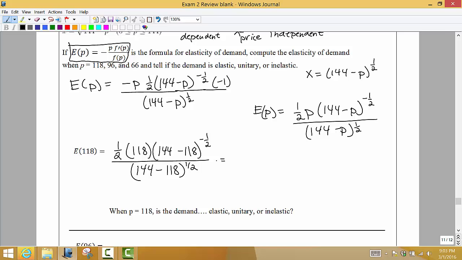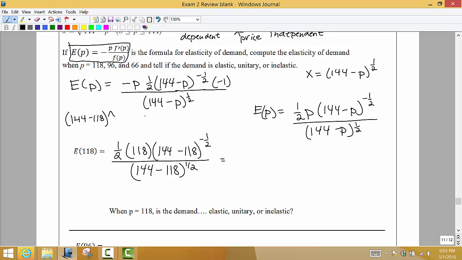We can just throw that into the calculator as is. One thing you want to be careful about when you type this into your calculator is to make sure that you have the parentheses when you type in 144 minus 118.